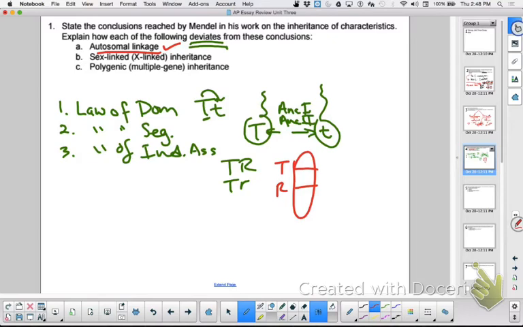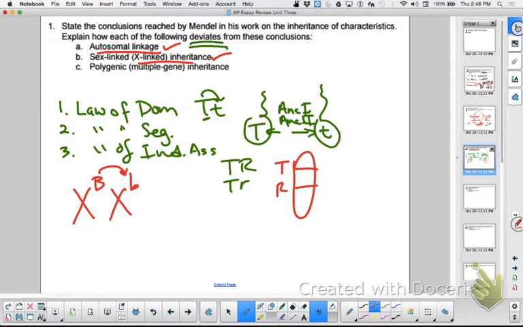Okay? Sex-linked inheritance, also normal. But in sex-linked inheritance, for women, dominant over recessive still works, but it doesn't work for males.